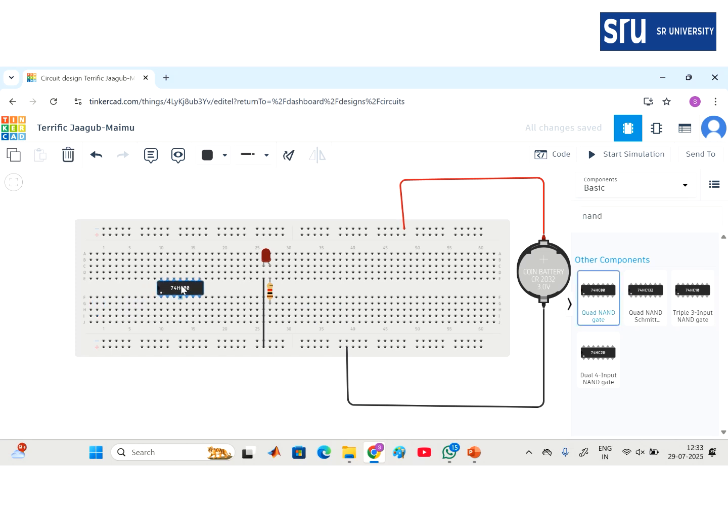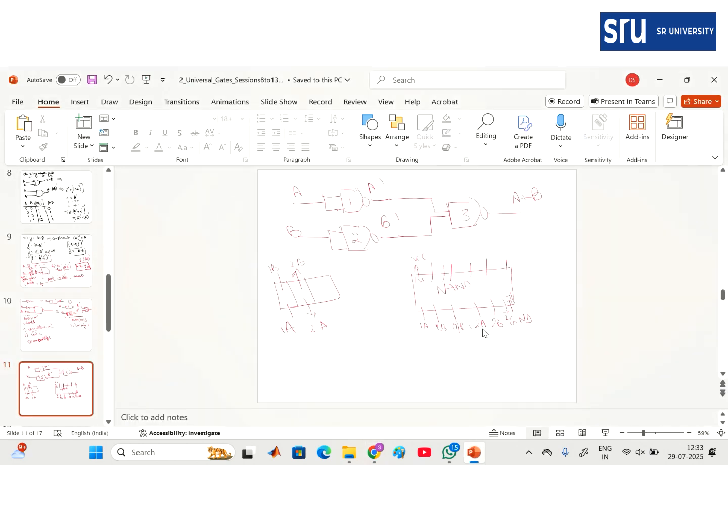Here I am connecting somewhere here. So this is 1A, 1B, output 1, 2A, 2B, output 2, then 3A, 3B, output 3, and 4A, 4B, output 4.